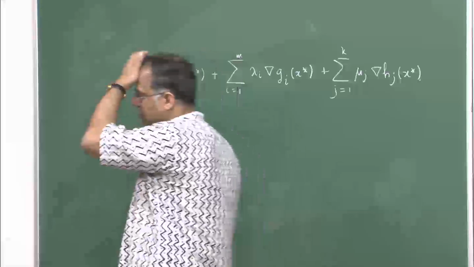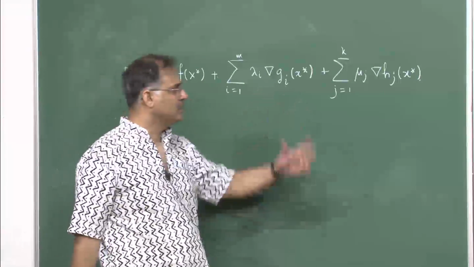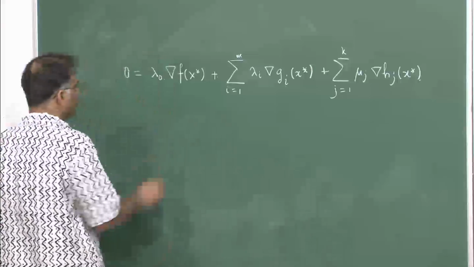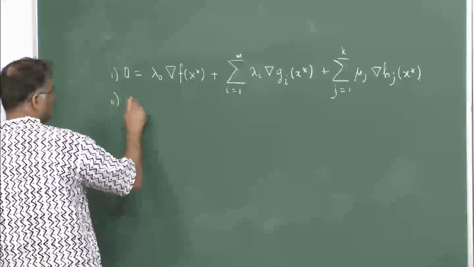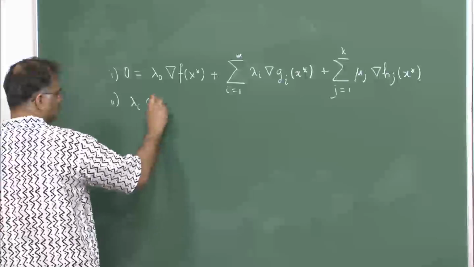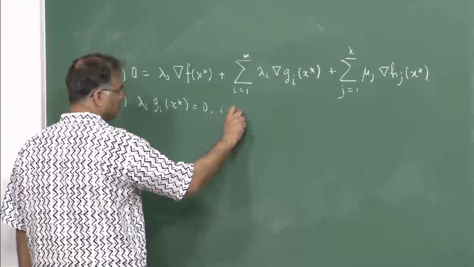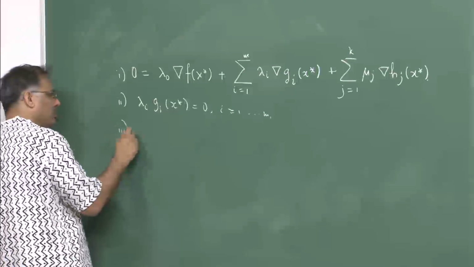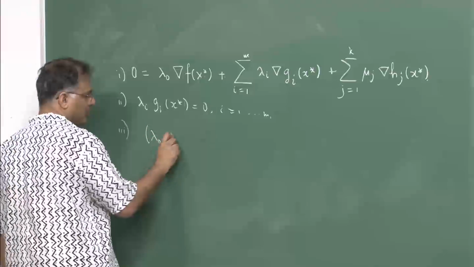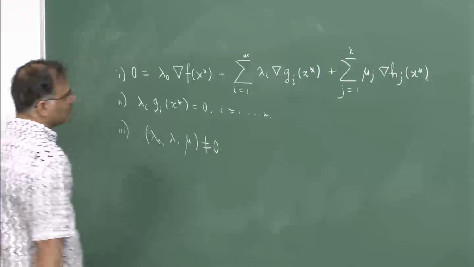And of course, you know the other fundamental condition, that lambda i g i x star is equal to 0. This is 1 and this is 2. And of course, the most important of all the conditions is as we have written in this slide.